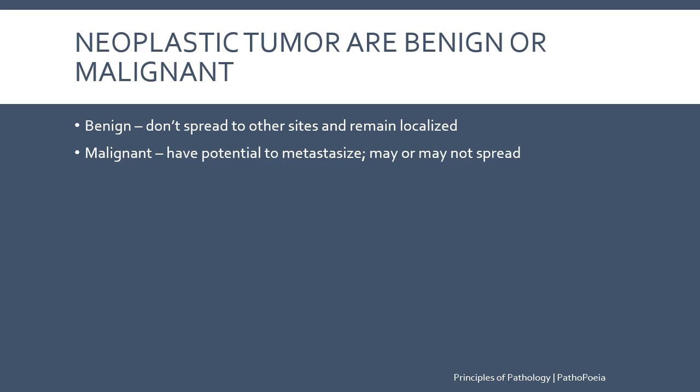In contrast, the malignant cells have the property of metastasis. Actually, if I ask you to name only a single property of the malignant cells, it would be their ability to metastasize. Other properties of malignant tumors would be anaplasia, poor differentiation, and local invasion.